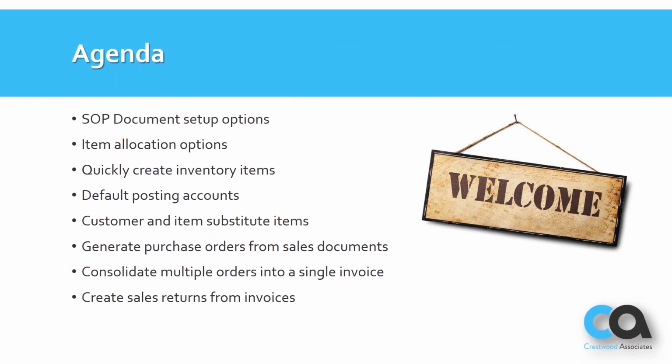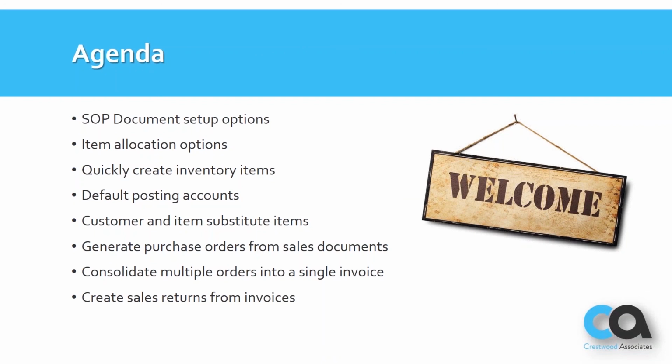So the first one is how to generate purchase orders from sales documents. This is another way of handling item shortage, and it can be really helpful because if you're entering a sales order and you don't have any inventory on hand, most likely you're going to need to purchase that inventory, and you can create the purchase order directly off of that sales order document, and then they're linked together.